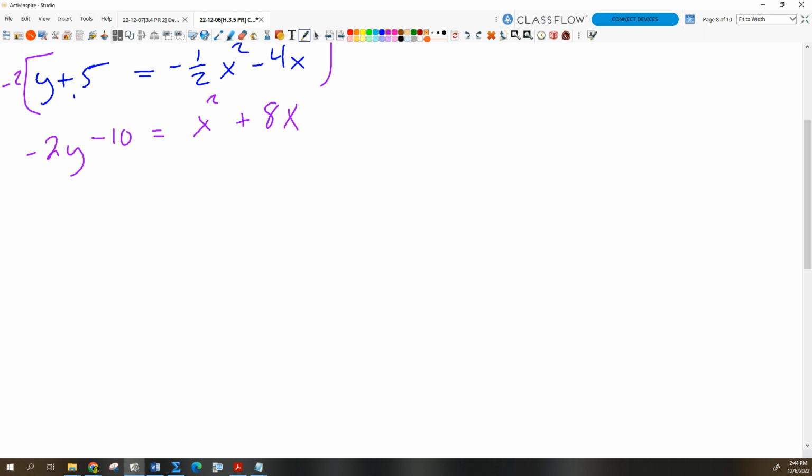I'm going to give myself a little more room here. Okay, so what? Say it again. What am I adding to both sides? 4 squared. Okay, so I'm adding half of 8, which is 4 squared. Well, that's just 16.